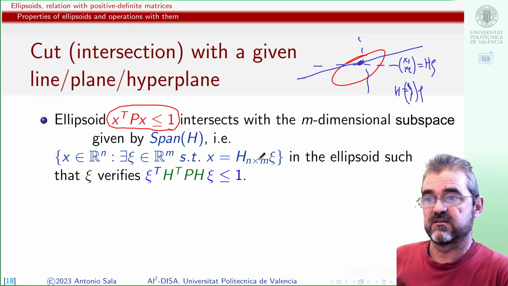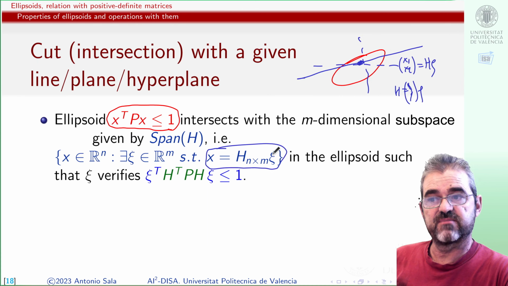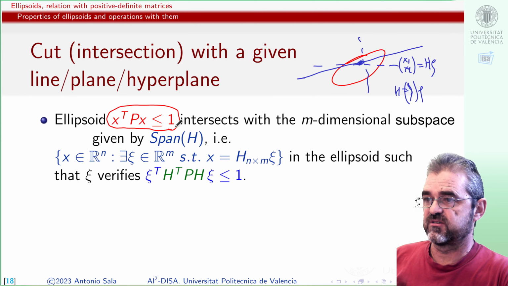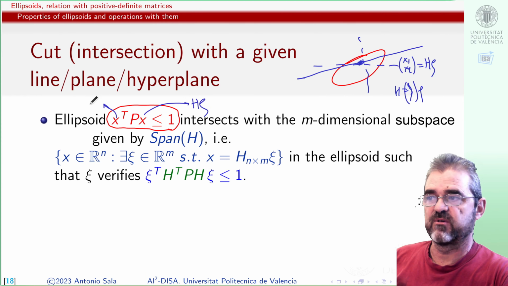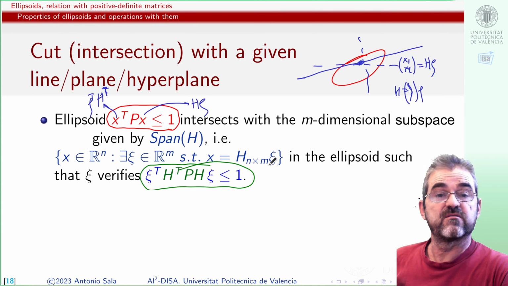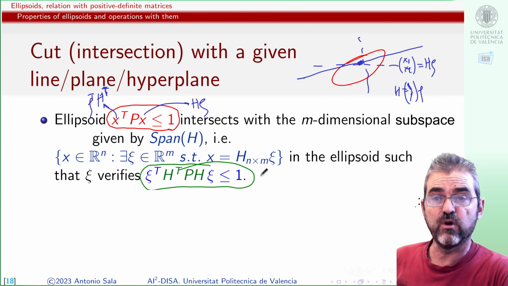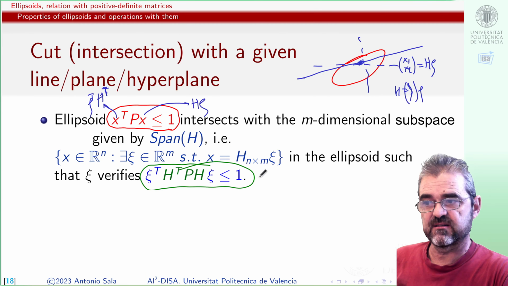Well, it's easy. If x is hc, then I just need to replace x here by hc. So here I will have c transposed h transposed P h c, and I get the formula I wish, of course in the psi coordinates.